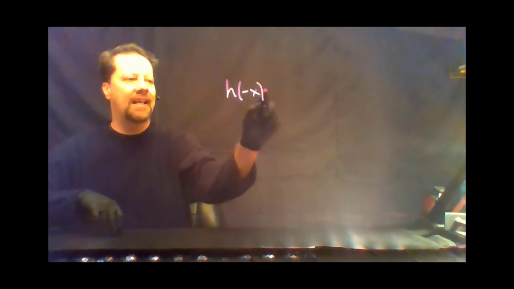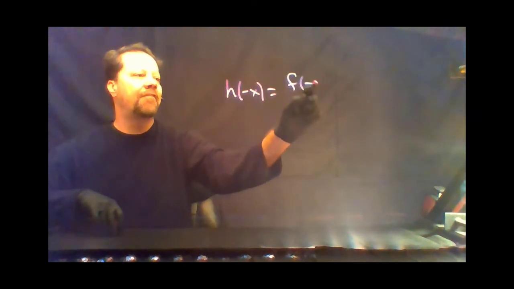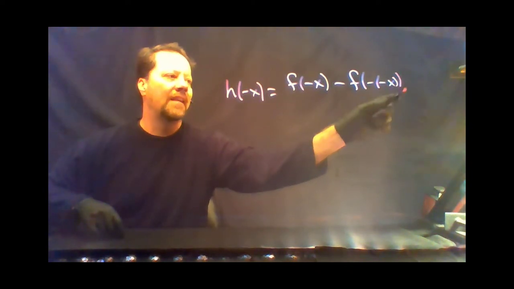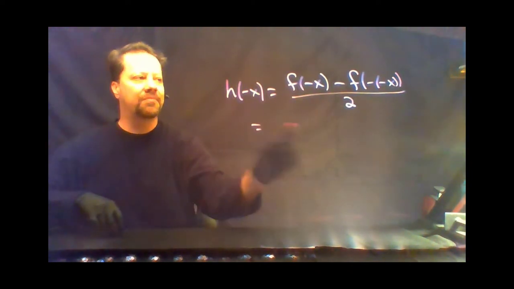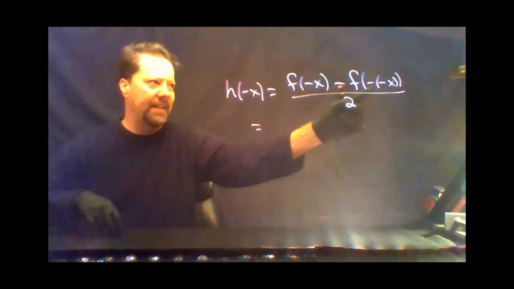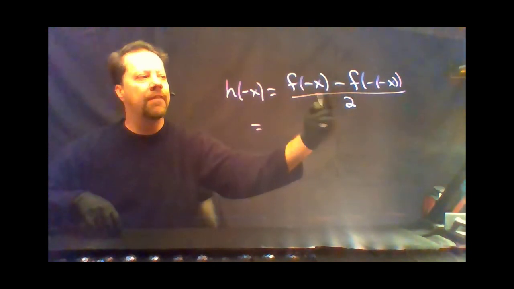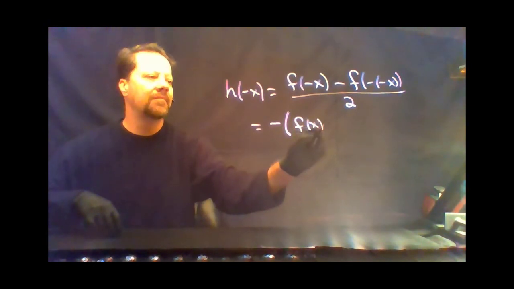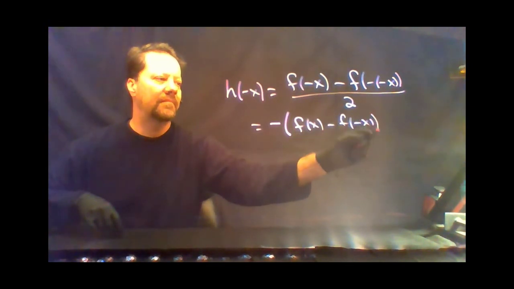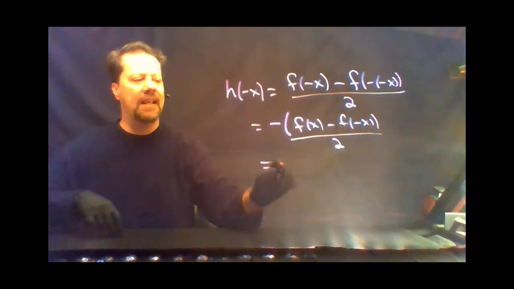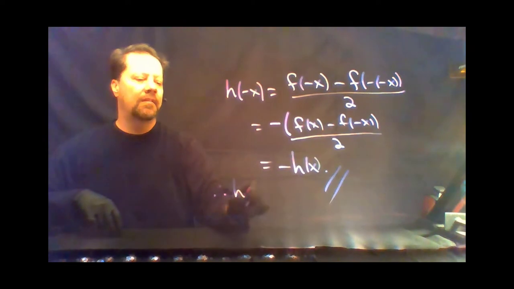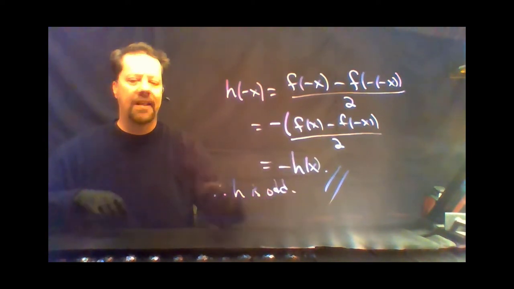Similarly, h of minus x will be f of minus x minus f of x over 2. Minus minus will cancel. When you reverse the order of a subtraction, you generate a minus sign. And we have minus h of x, so that h is odd.